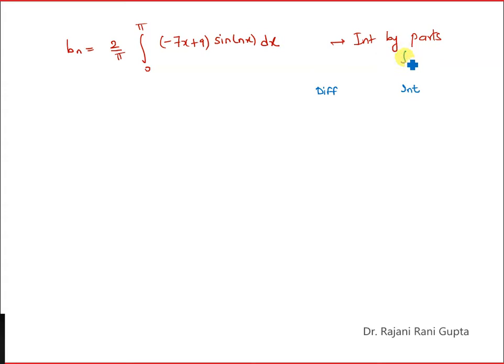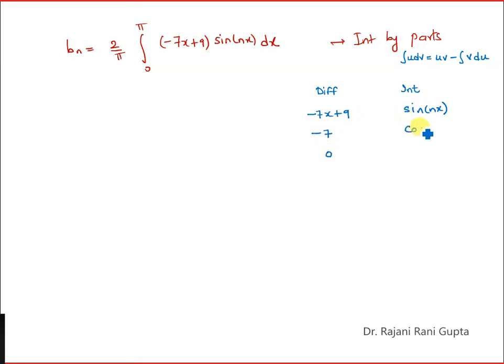If you use the UDV method, you will get the same result. So for derivative, we select minus 7x plus 9, and for integration, sine(nx). Derivative is minus 7, and its derivative is 0.